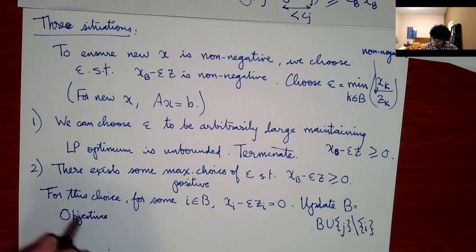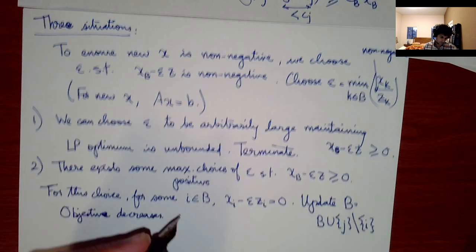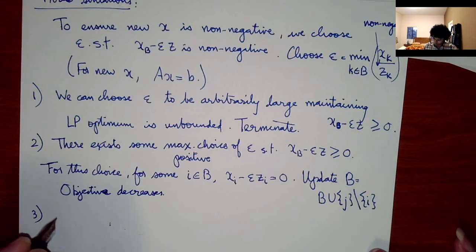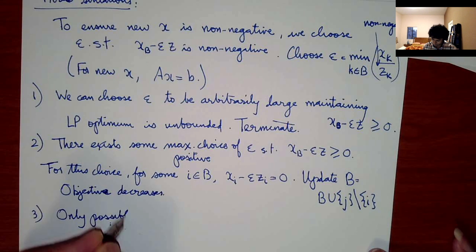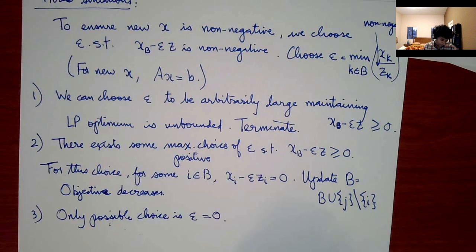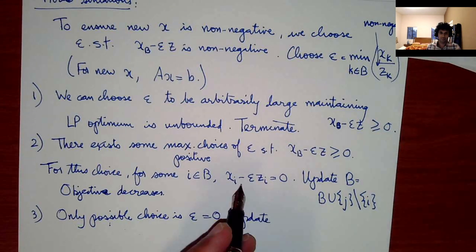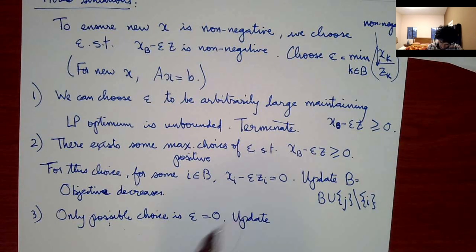And the third choice is that the only possible choice is epsilon being 0, which could happen. You can still update. So you know that there's going to be something for which it's 0. So you still update by B union j minus i.